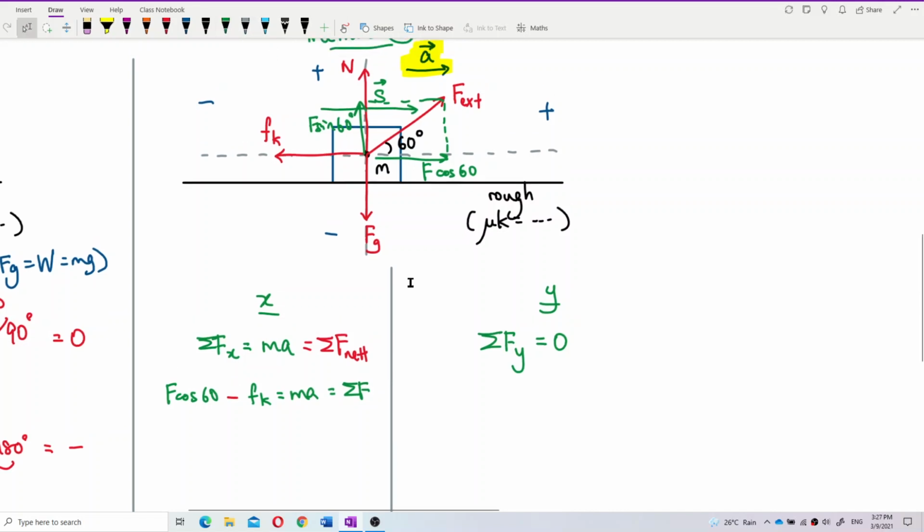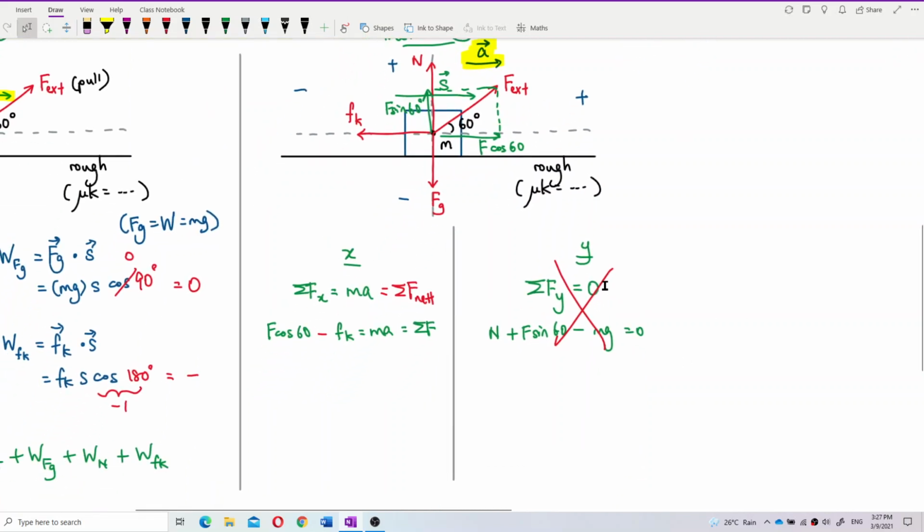Going up is positive, going down is negative. Fg is mg, and the sum goes to 0. But the net force is not in the y component, so we disregard it.